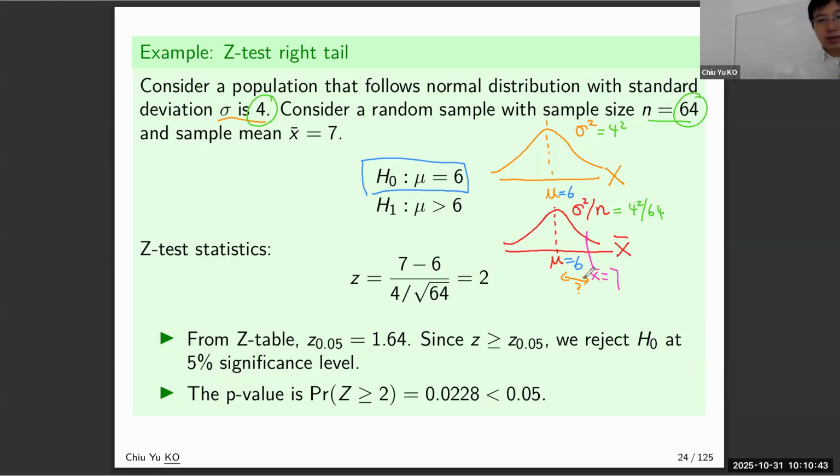And when they say large enough, it's asking, is this area small enough? Because we have to make the decision, we have a tolerance level on alpha, the type 1 error. Even if this is true, we can get X bar equal to 7. So decide what is the threshold that we say this is not due to sampling error.